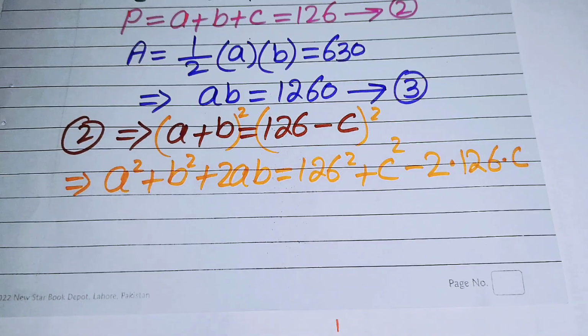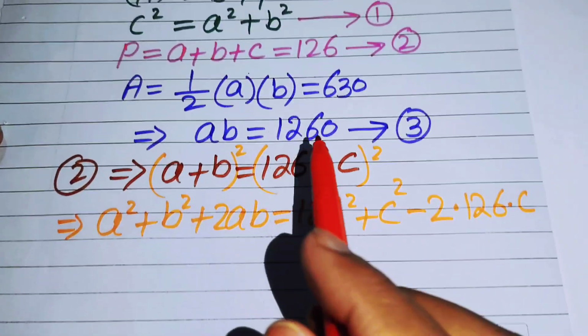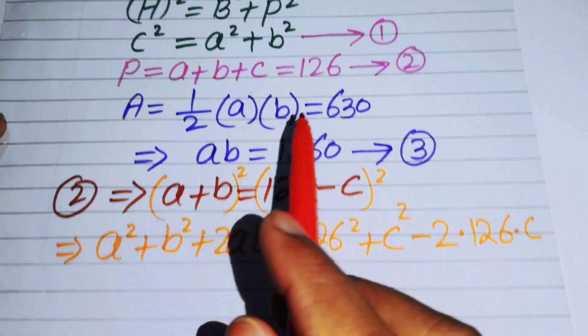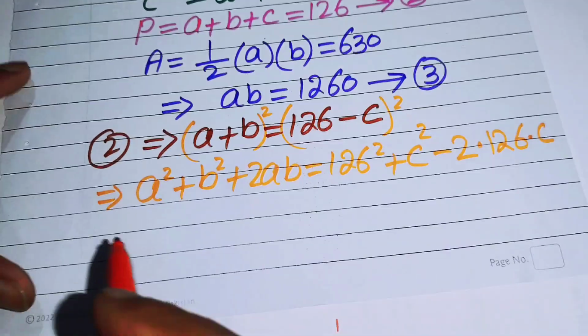Here we use the square identity on both sides, and we use our equation number 1, which tells us that a squared plus b squared equals c squared.